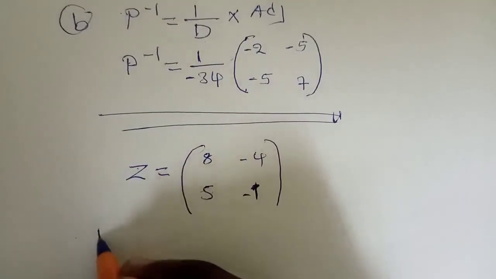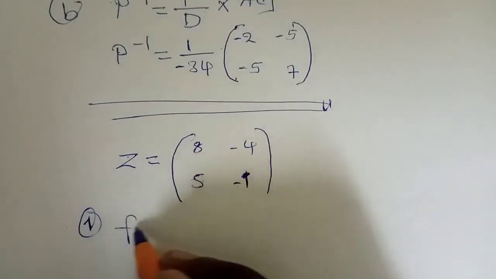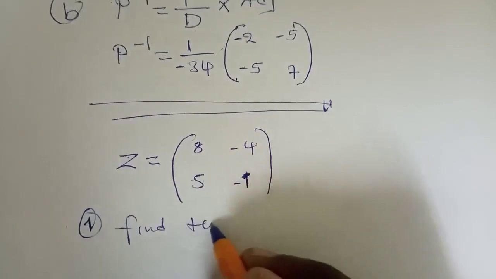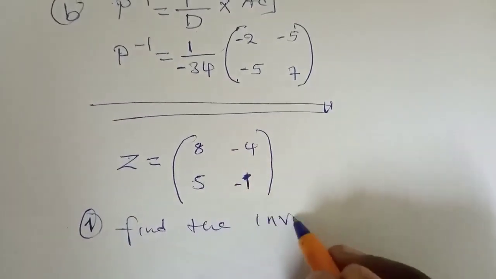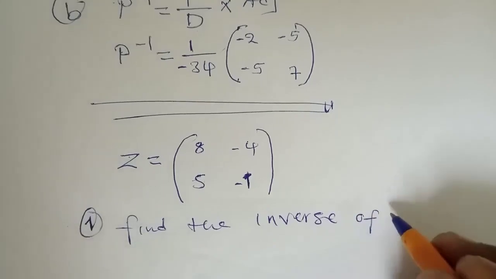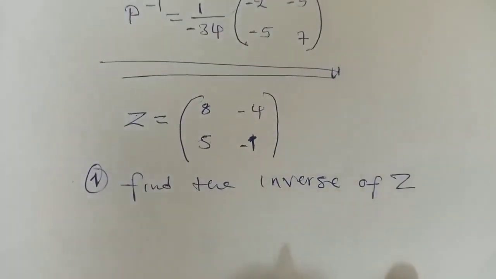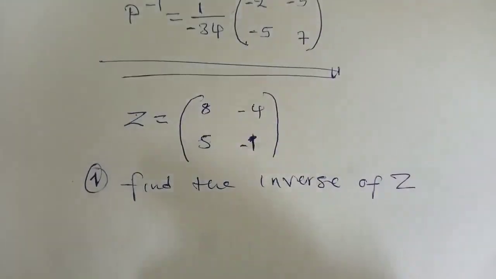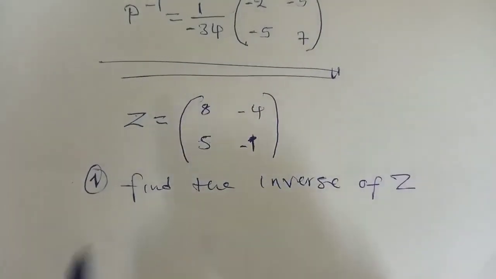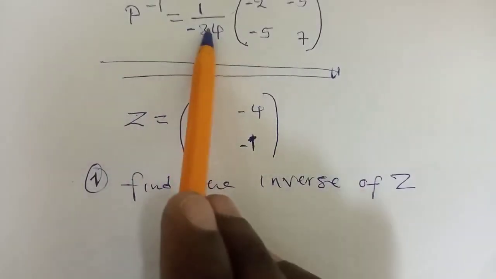When you're told to find the inverse, question one here, you're told to find the inverse of Z. That means you need to find the determinant too, because the inverse will require the determinant.